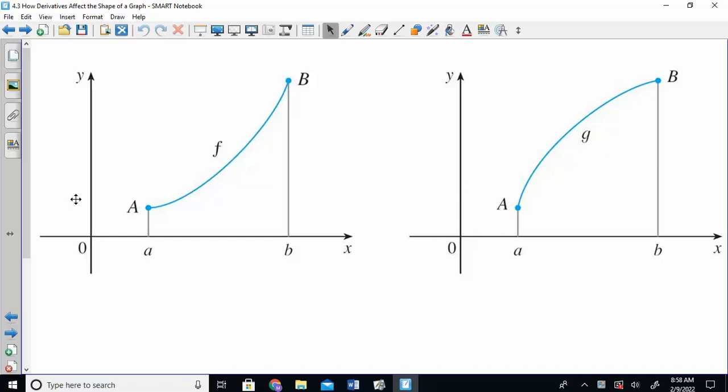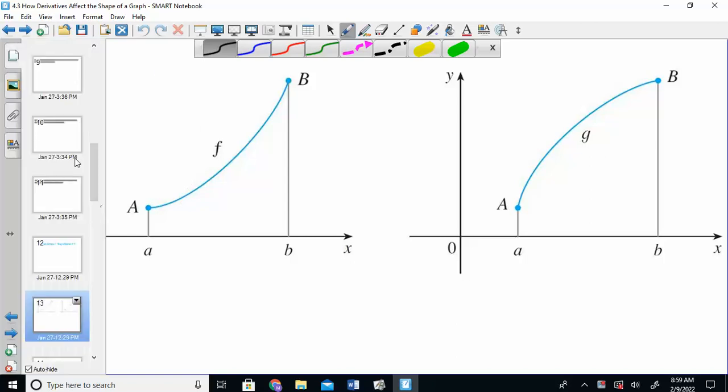If we think about our graph, we know the first derivative tells us if we are increasing or decreasing, right? So if I'm looking at this one, what would be true about the first derivative? Yeah, the graph is increasing, so the first derivative would always be positive.